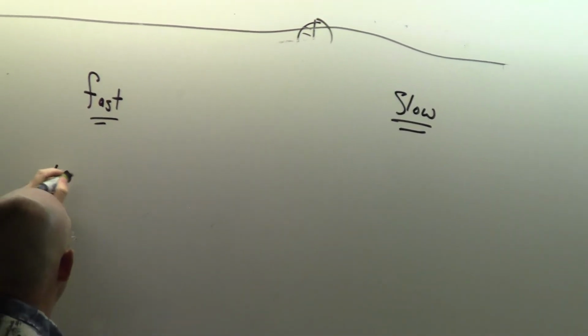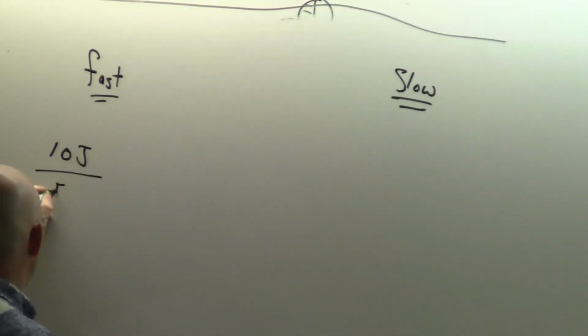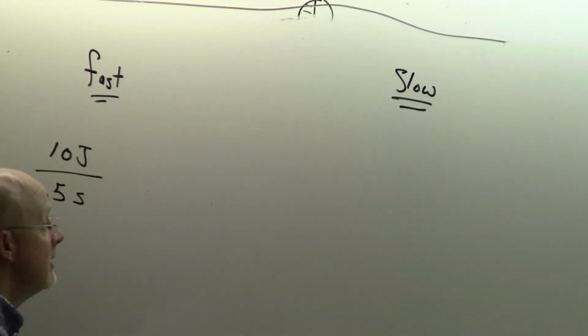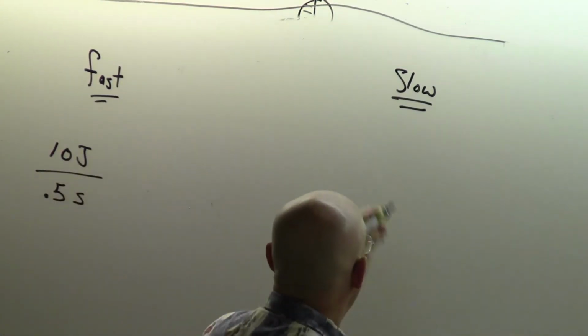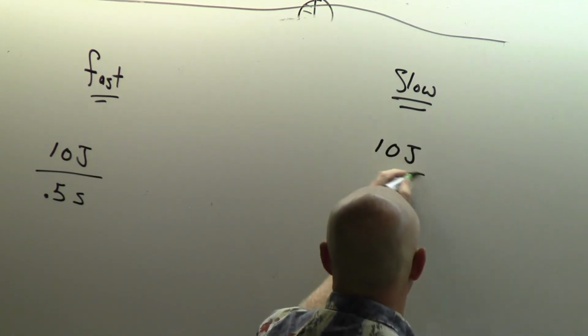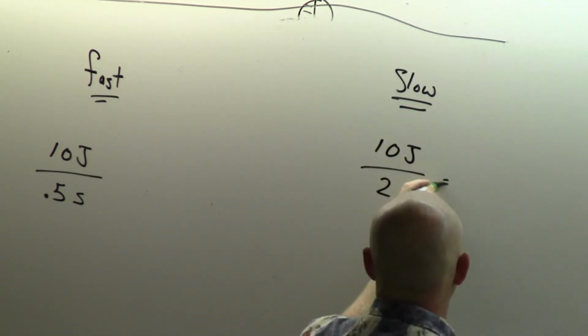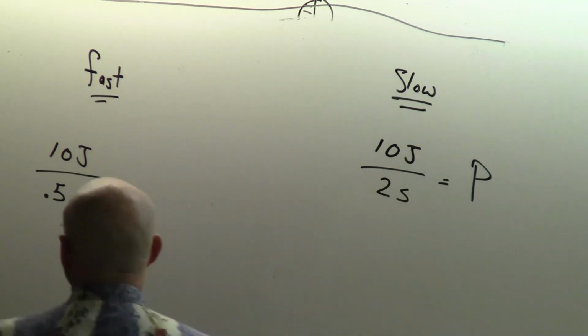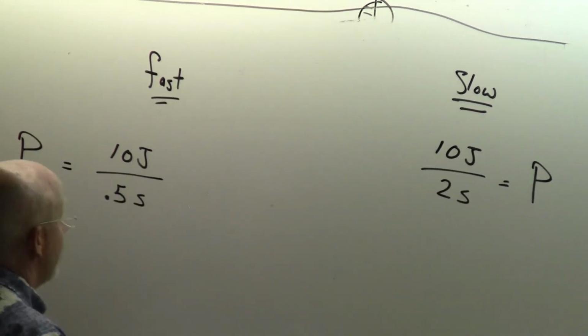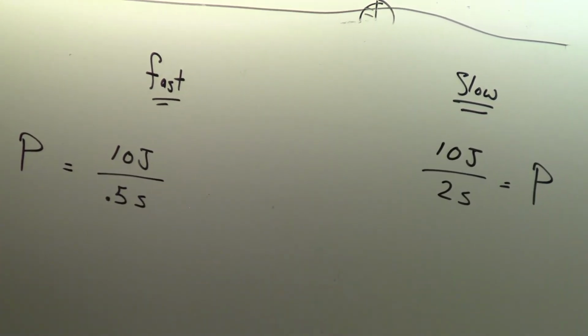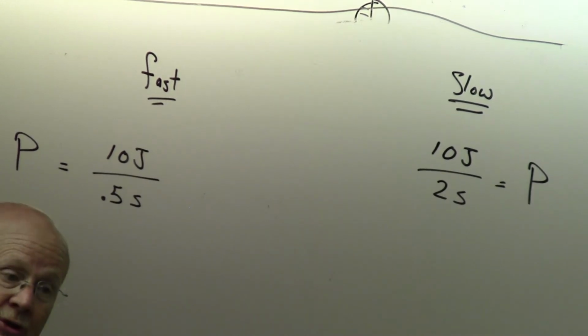Fast would be 10 joules in a half a second. Slow would be 10 joules in 2 seconds. And I'll say it again, notice both of them are 10 joules. I am adding 10 joules to that object just by picking it up and putting it on the table.